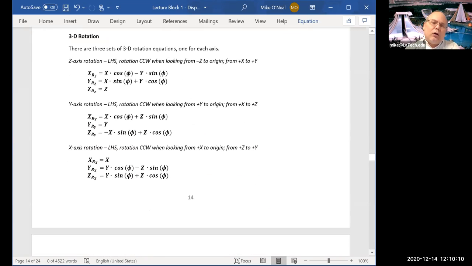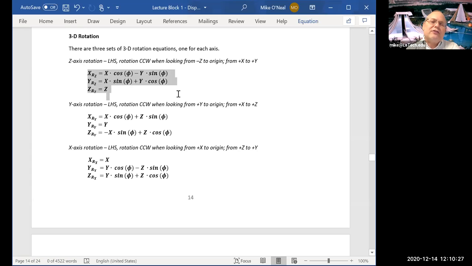Now, rotation's a little more involved, because rotation is defined within a plane or about an axis. So what we've already covered, this was 2D rotation.